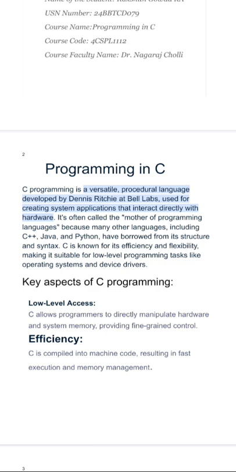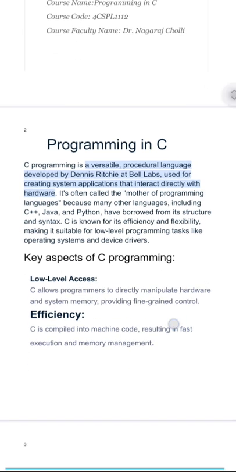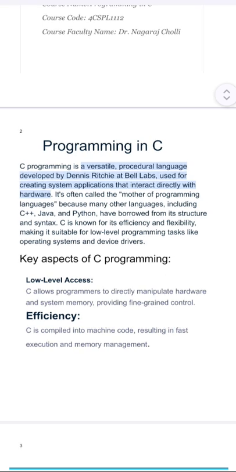C is known for its efficiency and flexibility, making it suitable for low-level programming tasks like operating systems and device drivers. C programming is a low level language. Here are some key aspects of C programming. Low level access. It allows programmers to directly manipulate hardware and system memory, providing fine grained control.